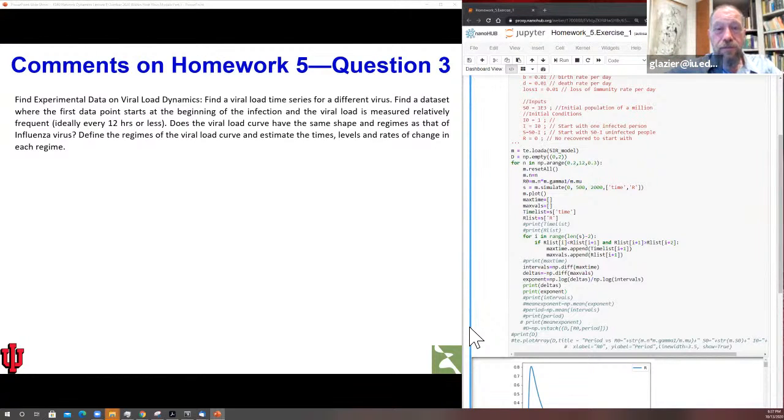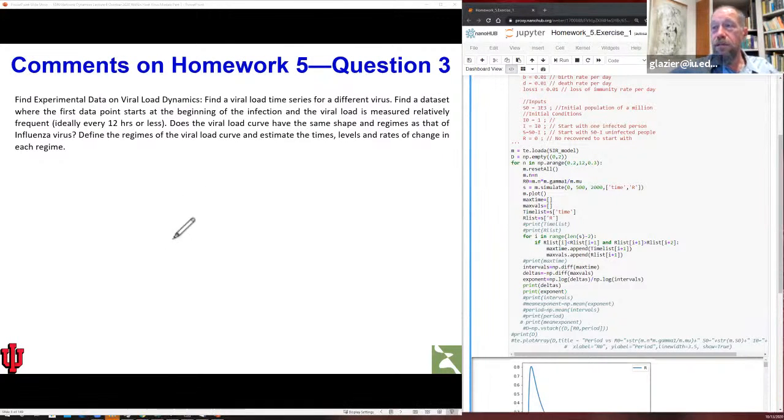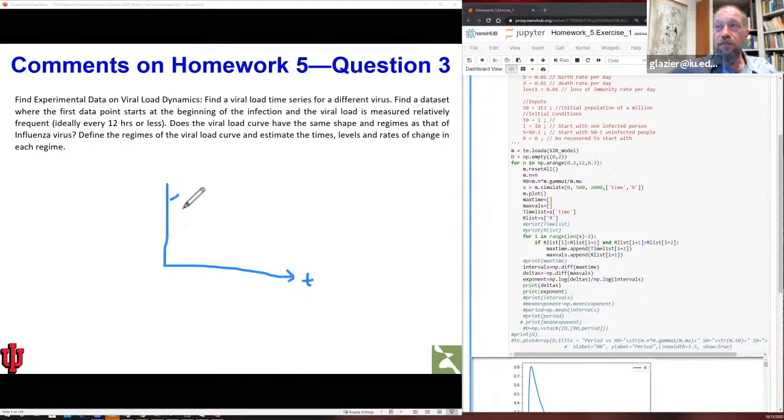And therefore, what you typically see is something where your curve starts when things are already pretty late. So you'll see, if this axis is time, the viral load starts up here, goes up, and then comes down fairly smoothly like that.